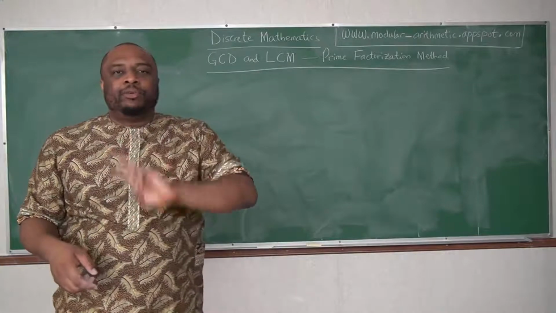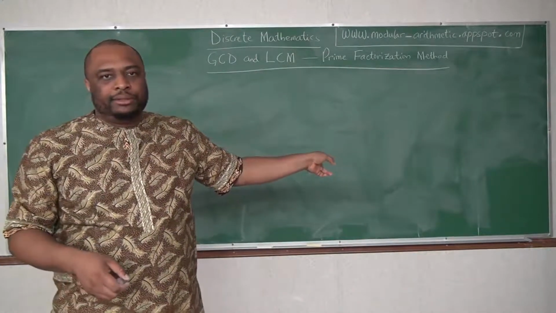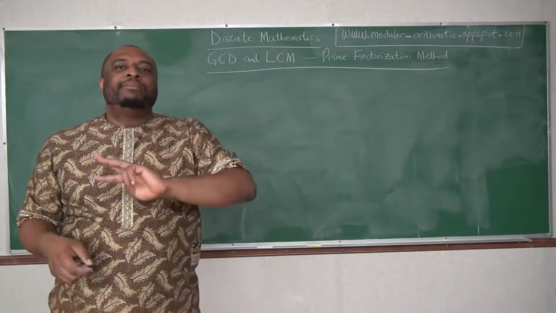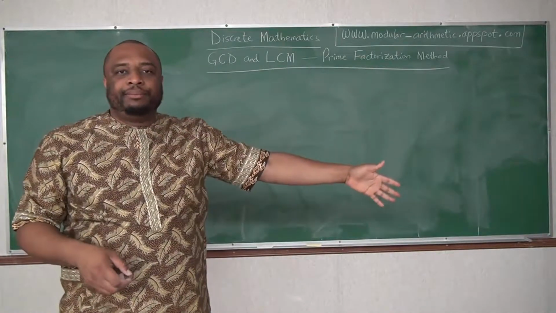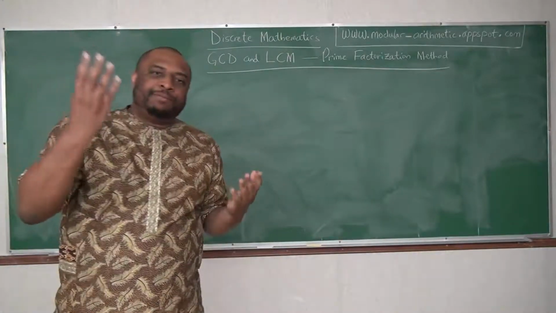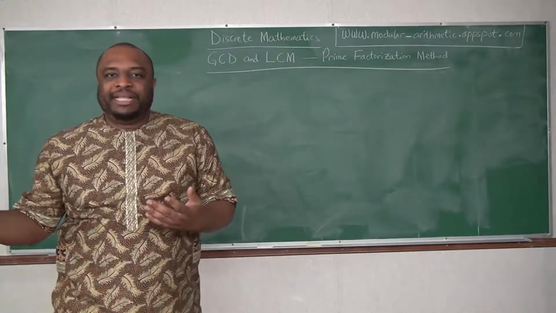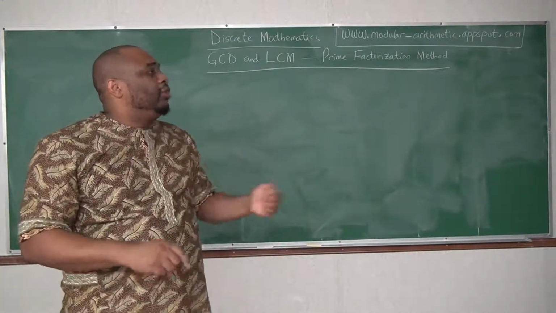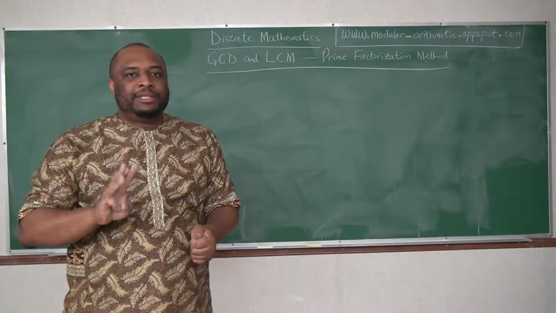The second method we mentioned is the prime factorization method, and the third method is the Euclidean algorithm method. We also have a fourth method, if you want, the extended Euclidean algorithm method. In this video we are discussing the prime factorization method.